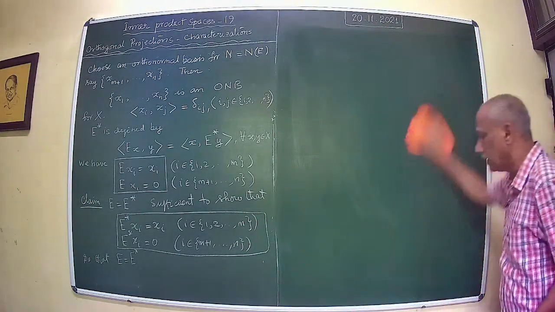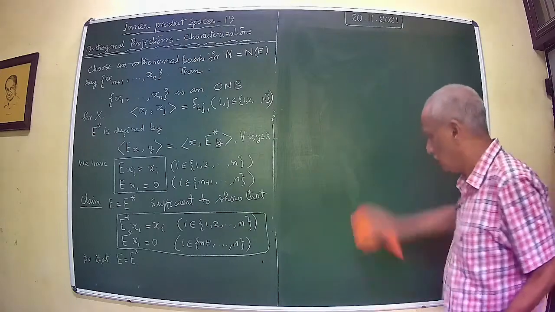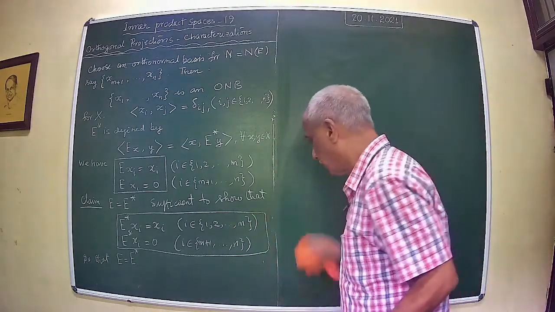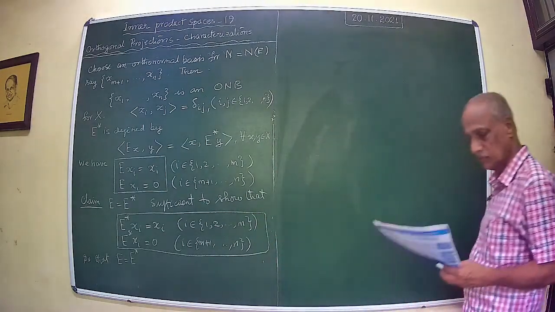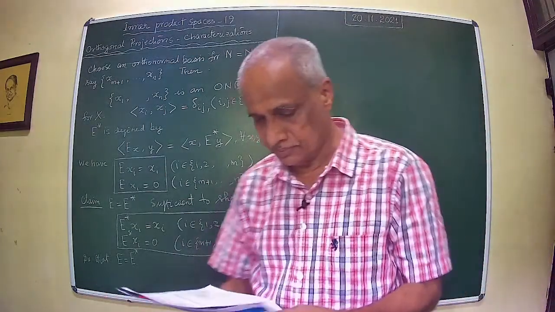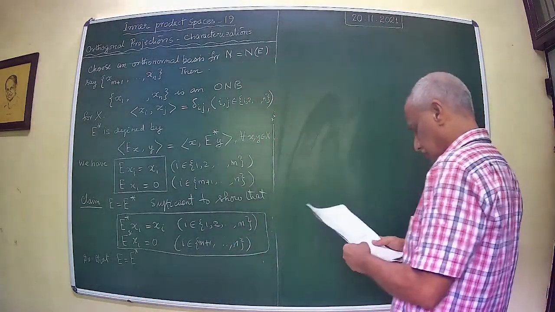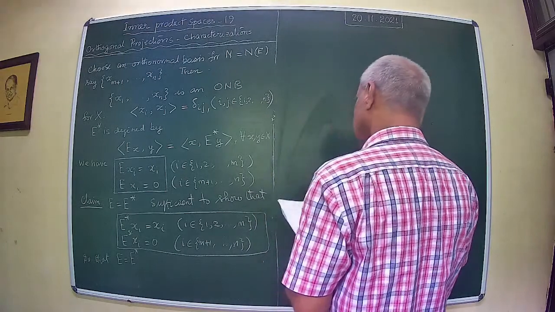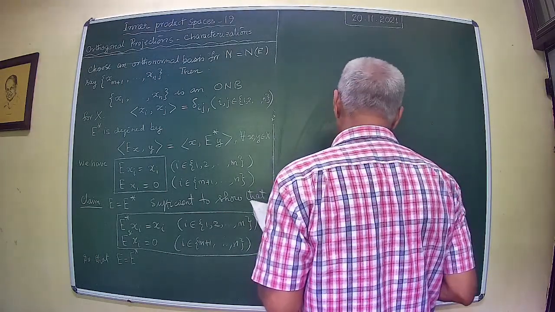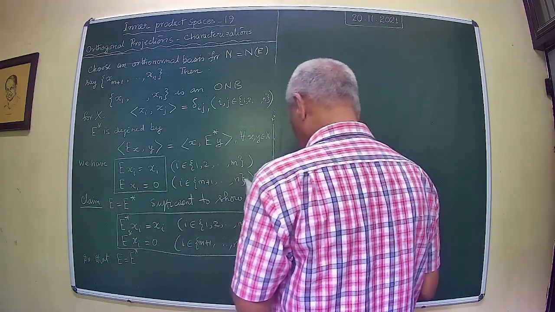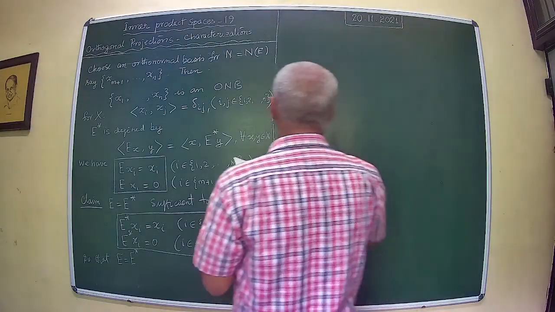The observations are the following. We start computing E star of xi. Let us make some results which really go into making this. So we note the following.